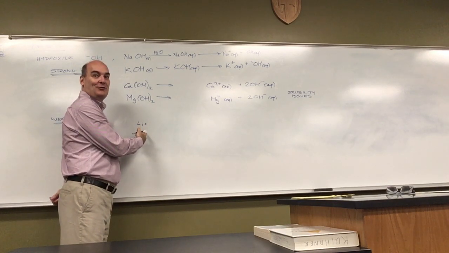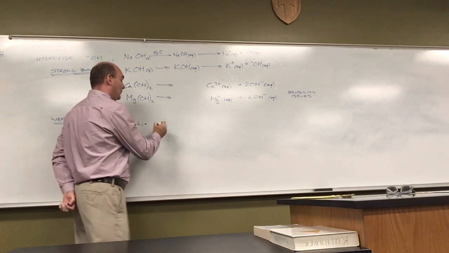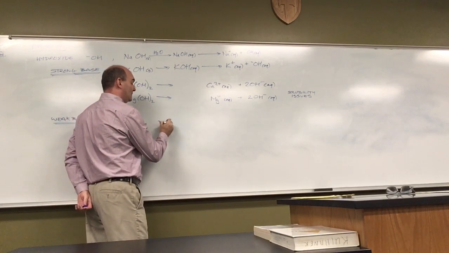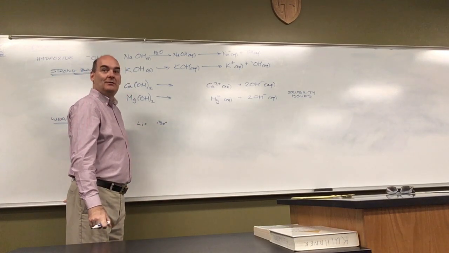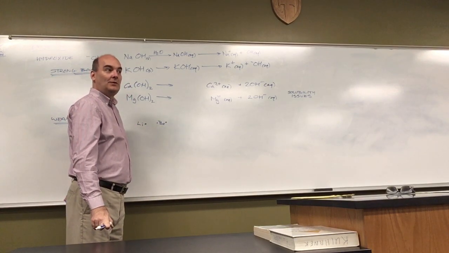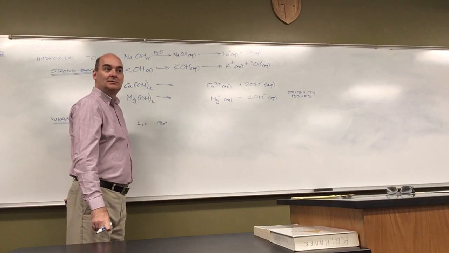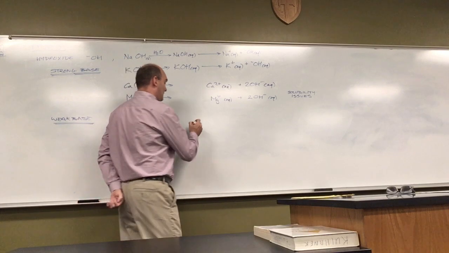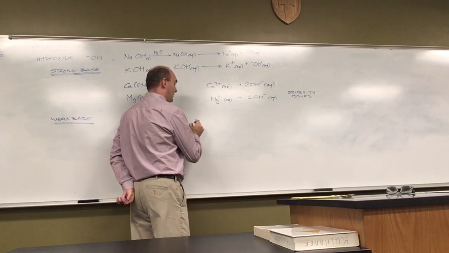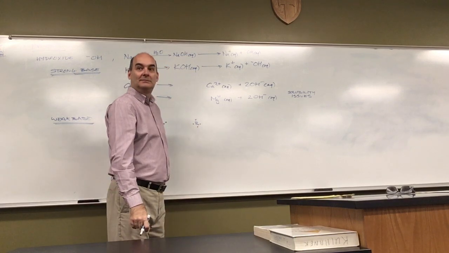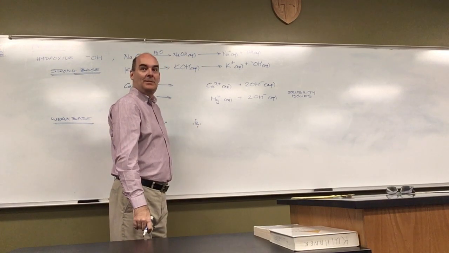No, it only has one electron. Beryllium is in group 2. Can it have a non-bonding pair of electrons? No. Boron is in group 3. Can it have a pair of non-bonding electrons? Nope.